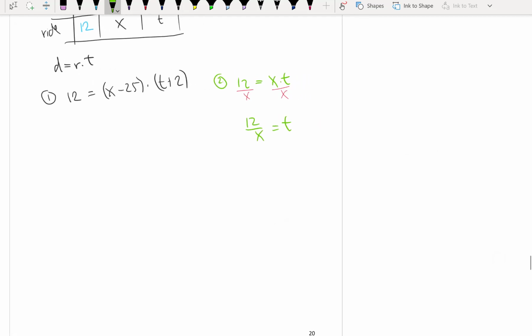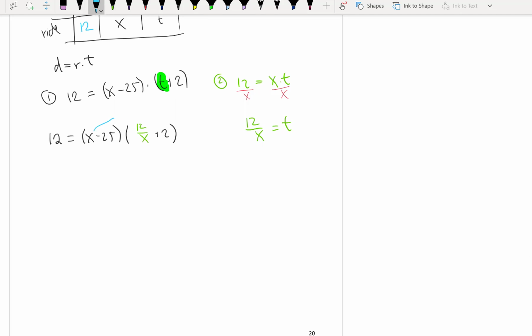So every time I see a t, this is what I'm going to be plugging in. So I really have from equation number 1, 12 is equal to x minus 25 times 12 over x plus 2.